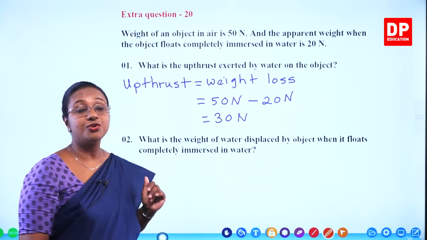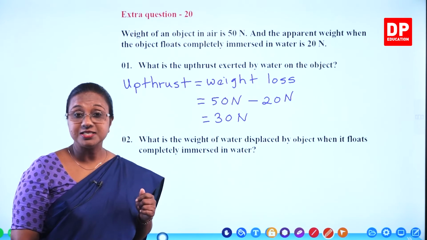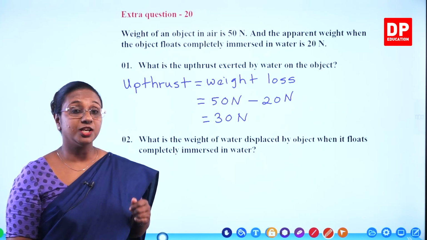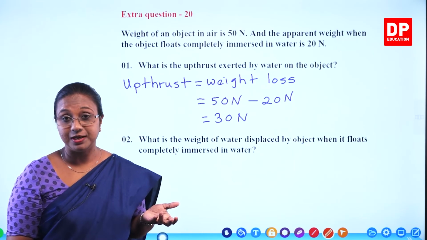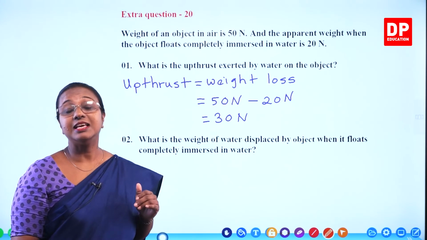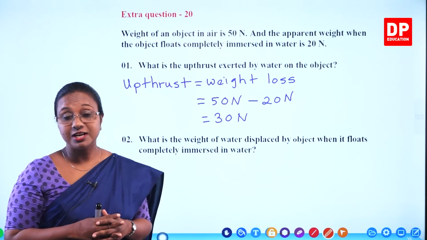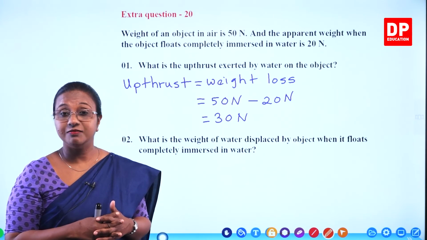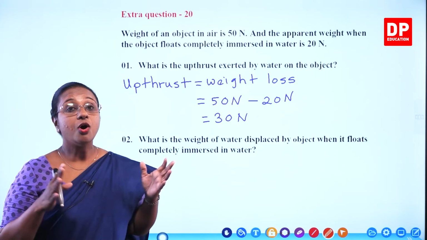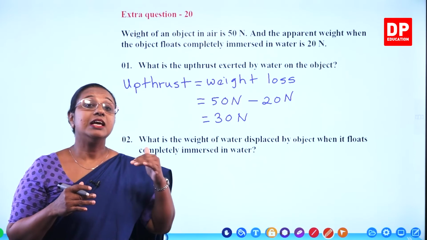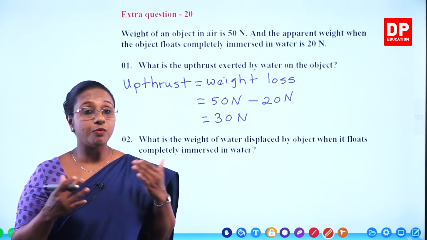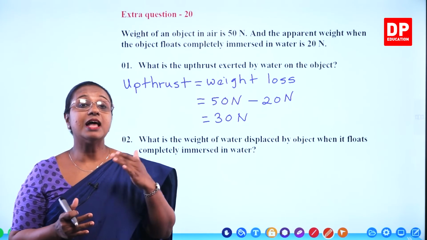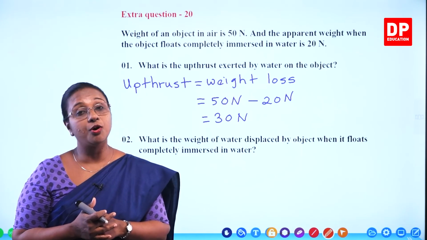So here students, you all can see the upthrust is less than the weight of the object. So if you really put that object into water, what will happen? The object will sink in water. You all know the different situations. We have done an activity also to understand that always when an object is fully immersed in a fluid or water and is floating, the upthrust is equal to the weight of the object.